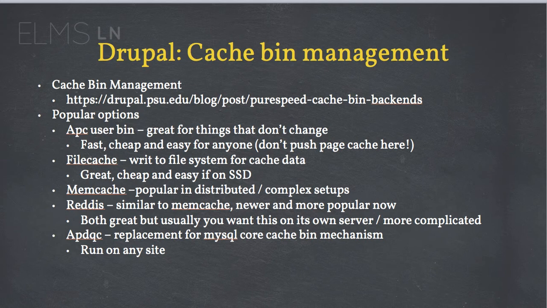And so APC user bin is great for things that don't change. It doesn't have garbage collection, which may or may not mean anything to you, but basically that means that memory gets filled up and doesn't know how to replace things that it doesn't need anymore.